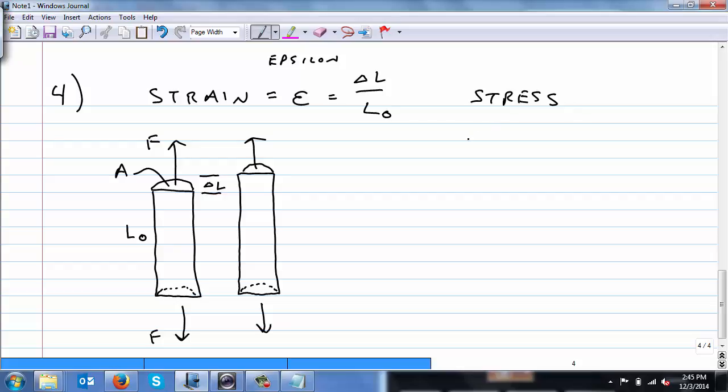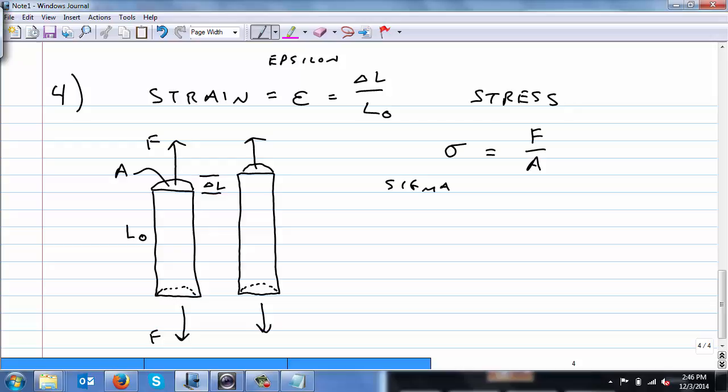Stress, sigma, lowercase sigma, equals force over area. And I think that's where you're going, Ryan, with the PSI.